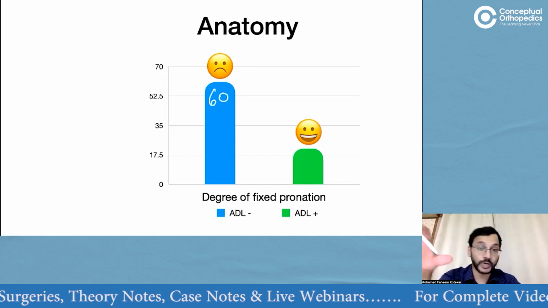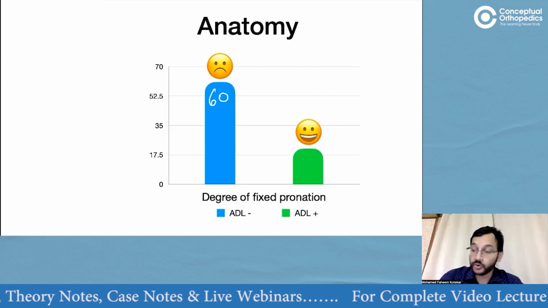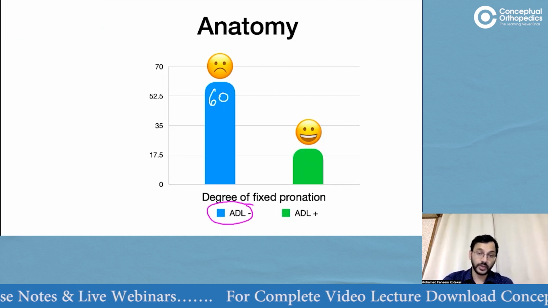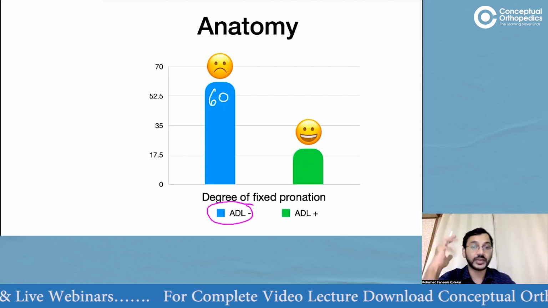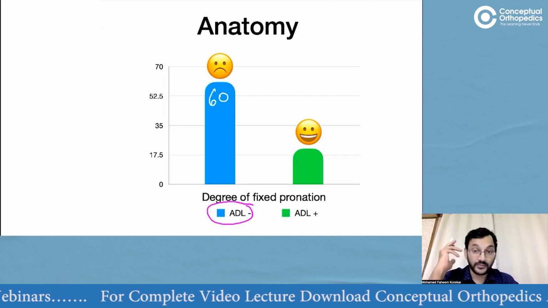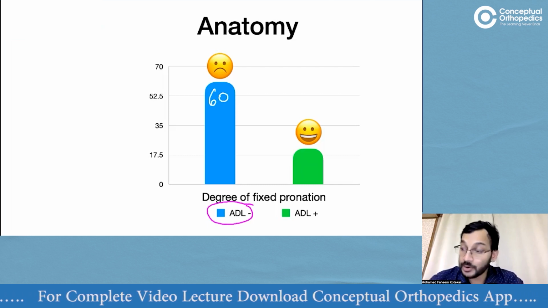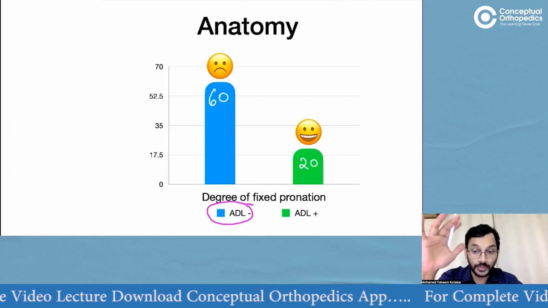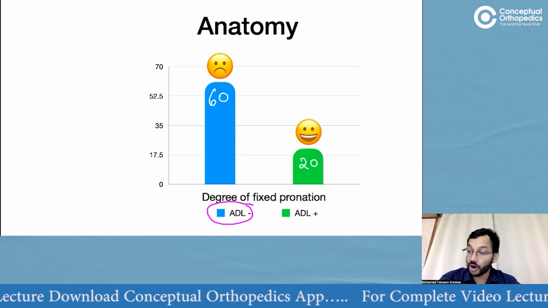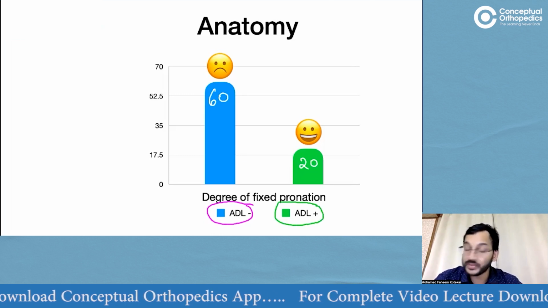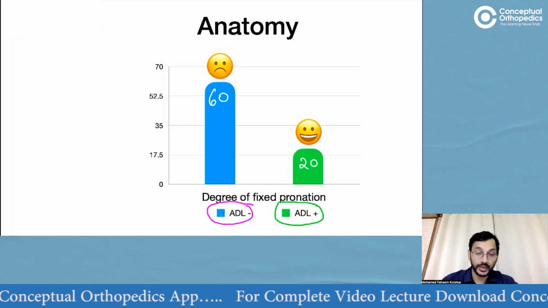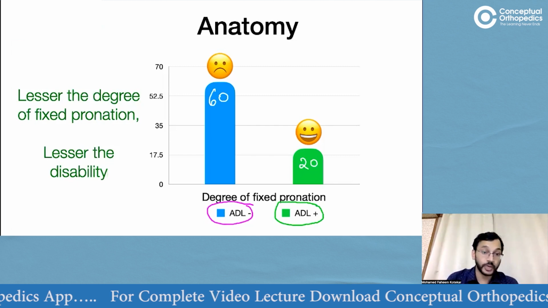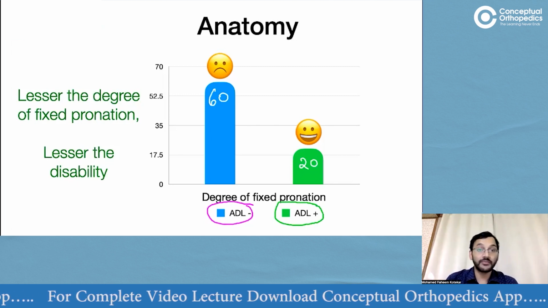With 60 degrees of pronation, a lot of children were not able to do about 50% of the activities of daily living. Whereas children who had only about 20 degrees of fixed pronation of the forearm were able to carry out many more activities and were happy with them. So we conclude that the lesser the degree of fixed pronation, the lesser the disability for these children.